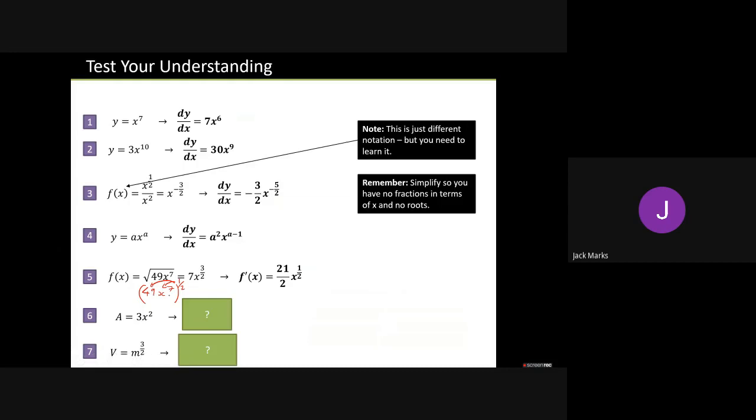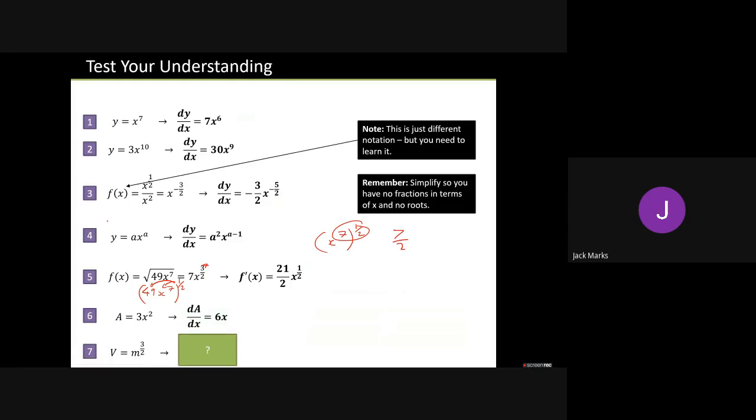Let's just have a quick look at this one over here. This should be 7 over 2, shouldn't it? Yeah, that one there is incorrect. That one should be 7 over 2. Just watch out for that one, because we have to the power of 7, and then we have a half, so it's 7 over 2. So there's a small mistake in that one there.